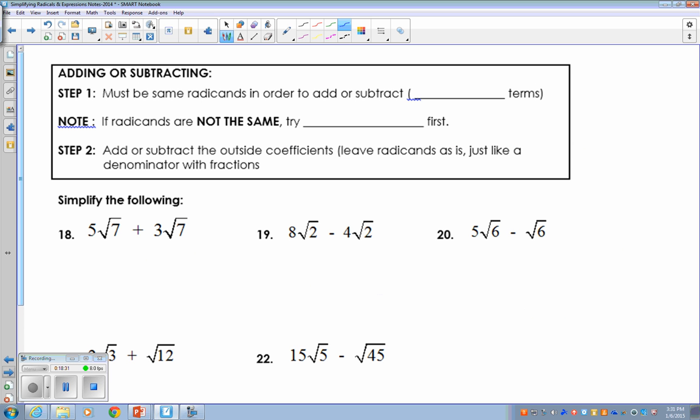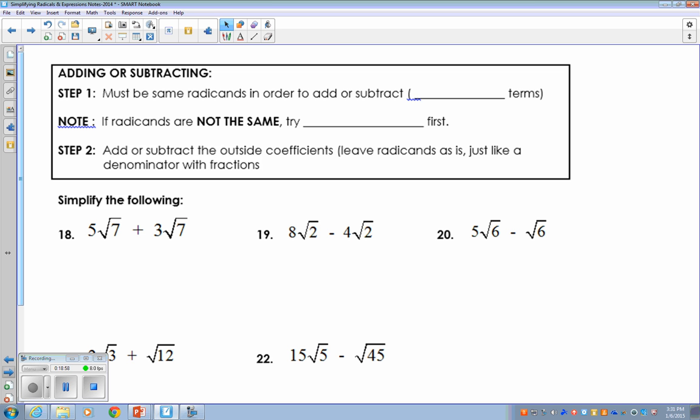All right, this last little rule, we got to make sure we finish this, and hopefully we'll get further ahead. Adding or subtracting. Adding and subtracting radicals is just like you did in algebra when you have like terms. Y'all remember adding like terms? They have to have the same variable in order to add. This is going to be the same thing. You must have the same radicand in order to add or subtract.